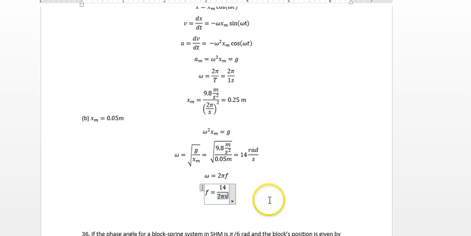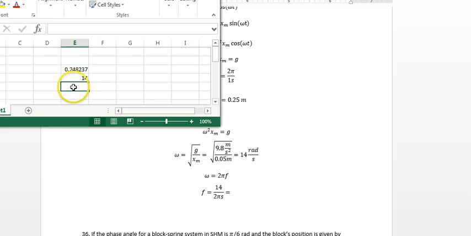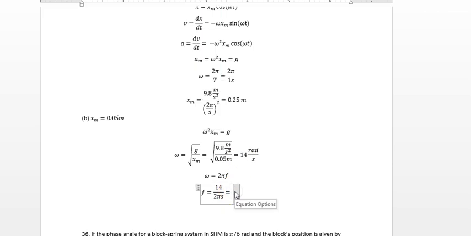Most people would think of this in terms of omega equals 2 pi f, and so f is 14 over 2 pi, which is 2.2 per second.